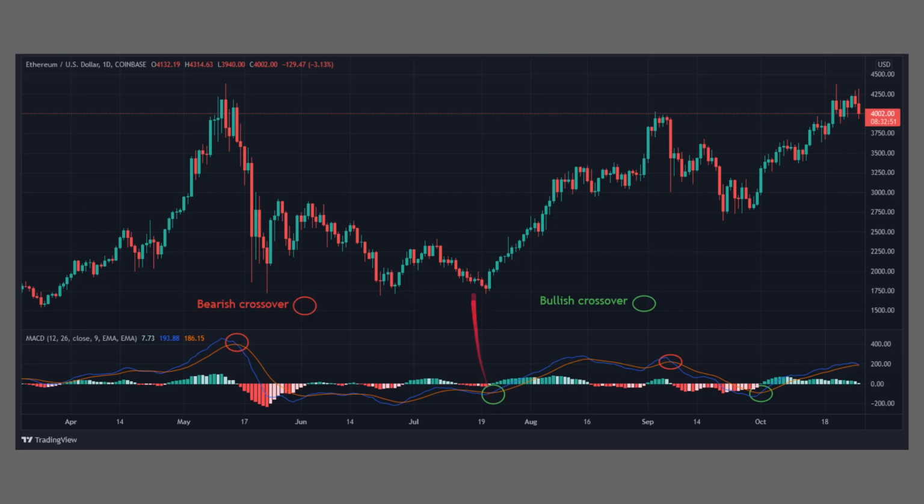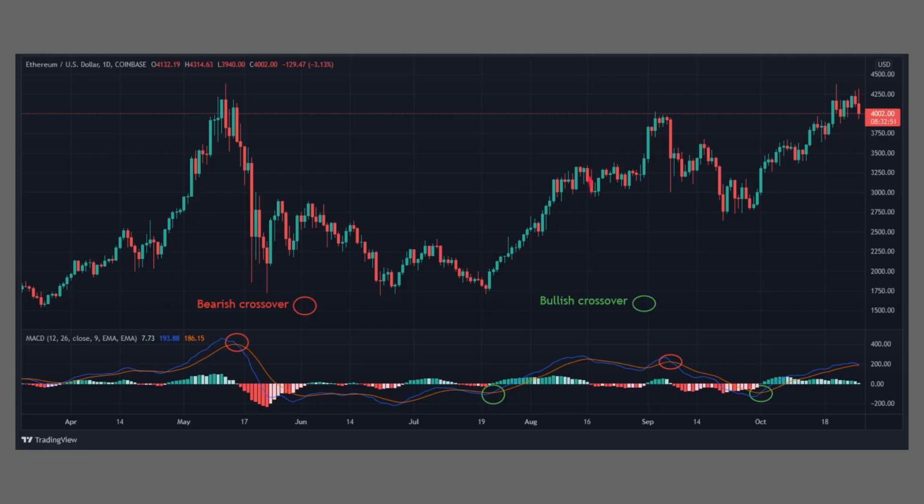If you were to have opened up a long at this position, really you could have rode this up a significant amount. And we do see the MACD line eventually would cross below. This would happen on the 16th of August, so almost a month, maybe 3 weeks worth of price action of holding.